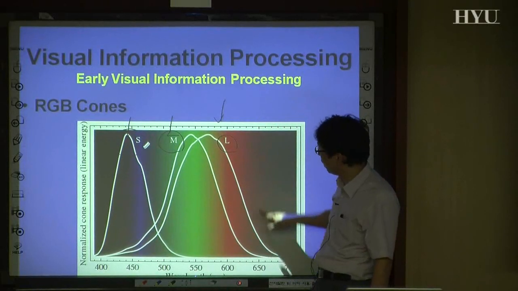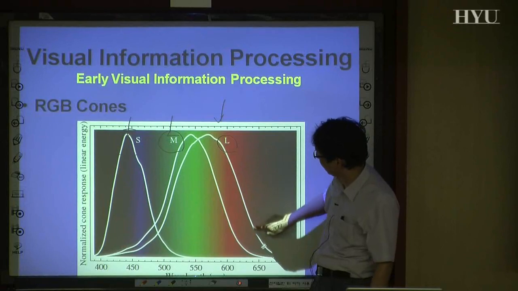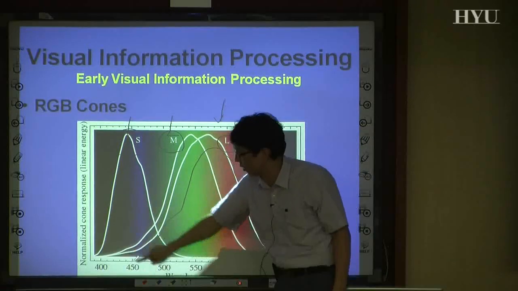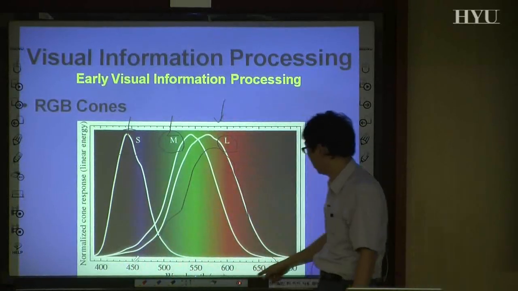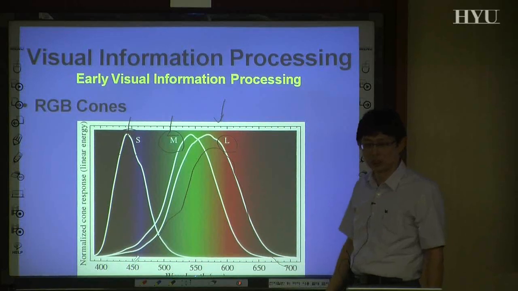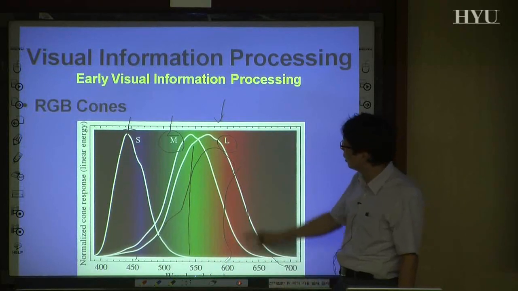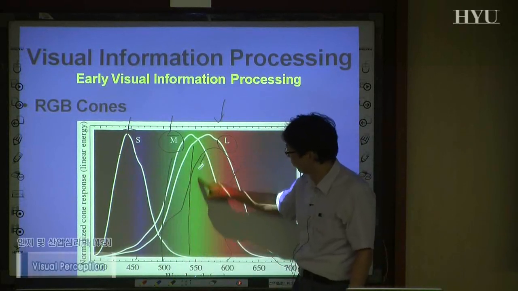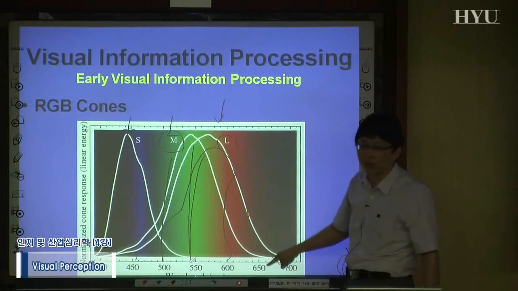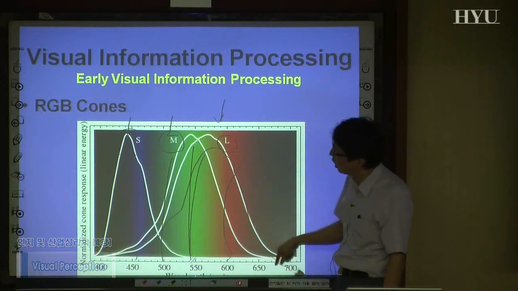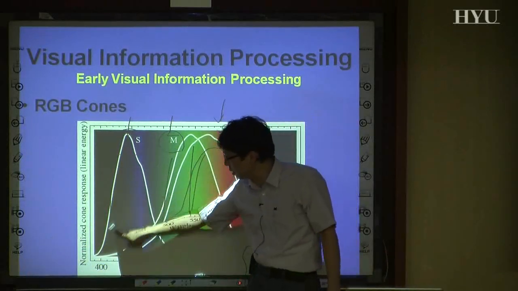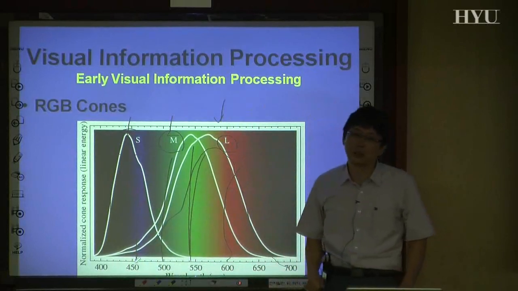Each cone covers an area of wavelengths. The red cone covers the red area, around 400 nanometers to 700 nanometers, and of course its major part is this area. The green cone has this one, and the wavelengths of the light cover around here, and blue cones cover this part.